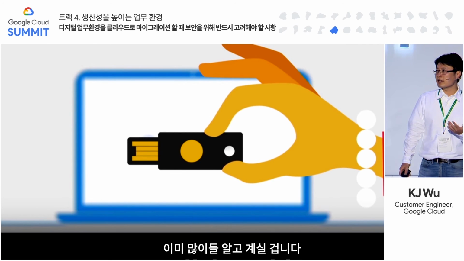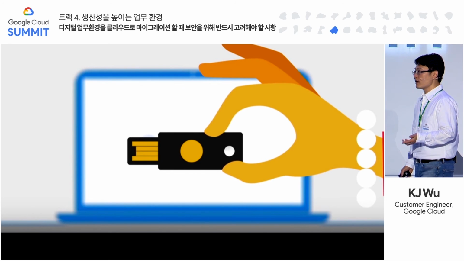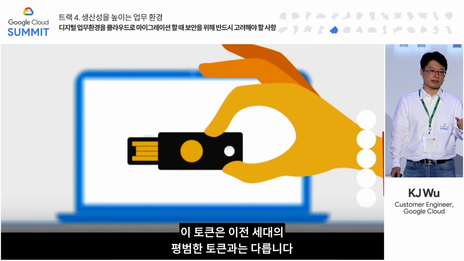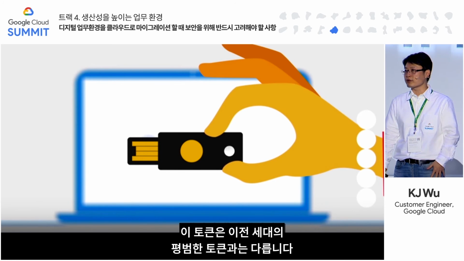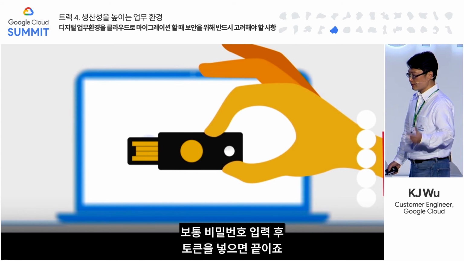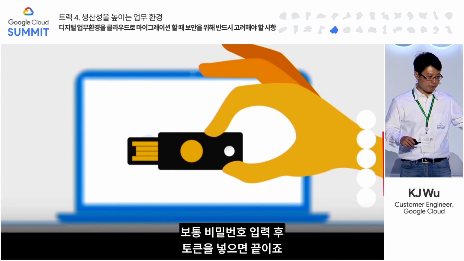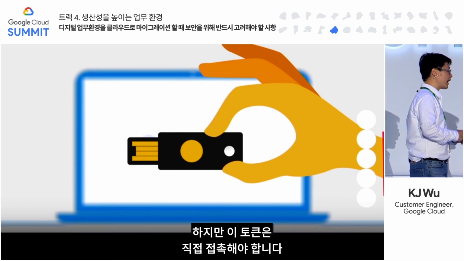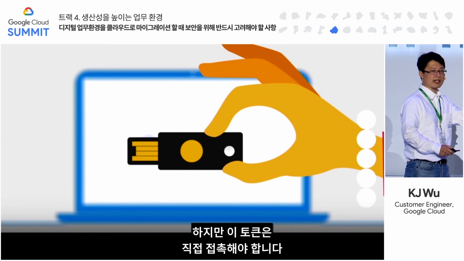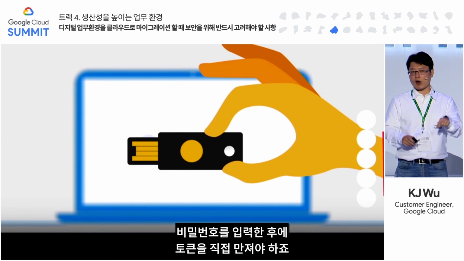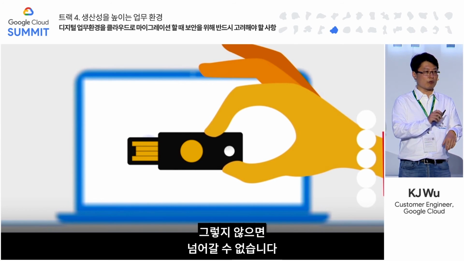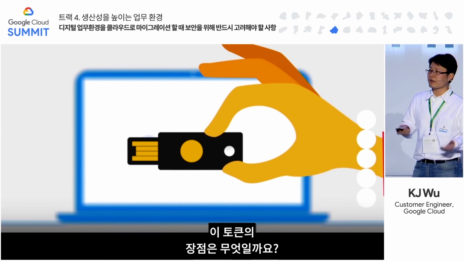Many people already know that. This token is a little bit different from the old generation ones. With the old one, I enter my password, put in my token, then pass. But this one will require you to physically touch it.